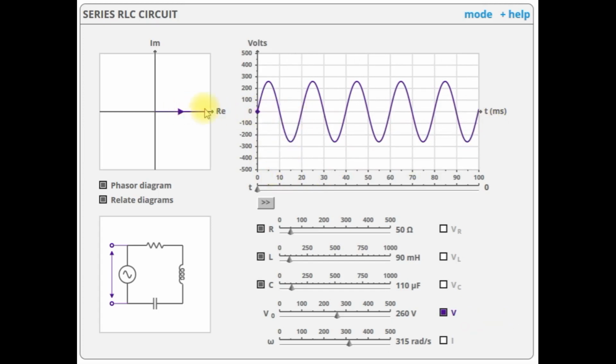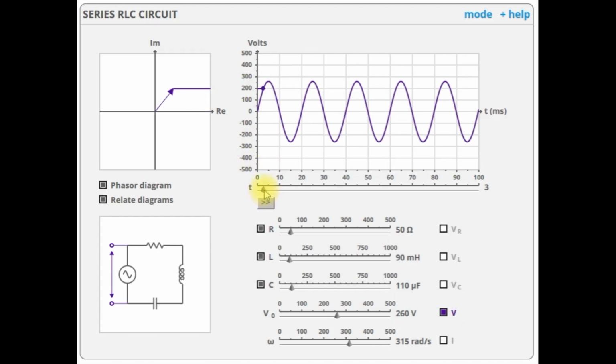Here the vertical projection of this vector is equal to 0. Now if you move this vector in the anti-clockwise direction through, say, some 45 degrees, for example, it is here. Now it is approximately 45 degrees, and you can see that the projection of this vector on the vertical axis corresponds to the value of the sinusoid at this angle.